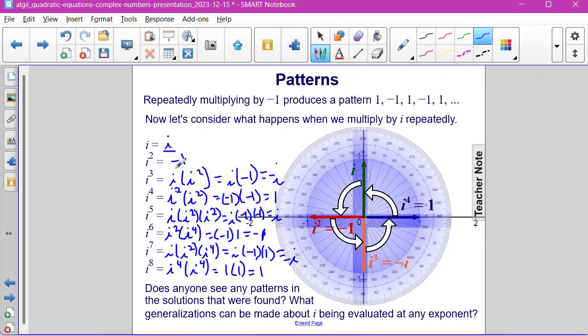We have i, -1, -i, +1. i, -1, -i, +1. What generalizations can be made about i being evaluated to any exponent? And we also have a visual showing that i to the first is i, i squared is -1, i cubed is -i, and i to the fourth is +1.